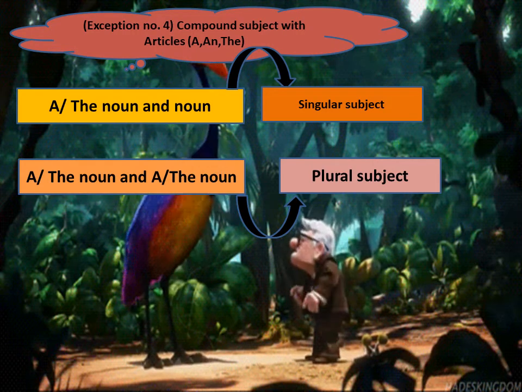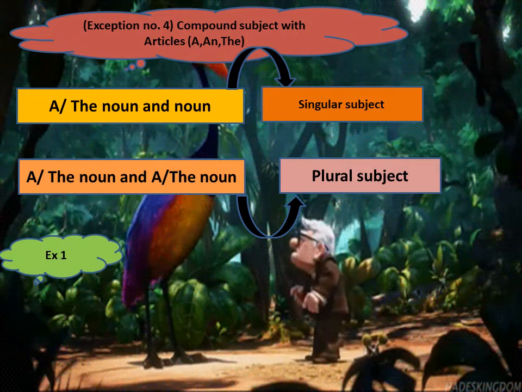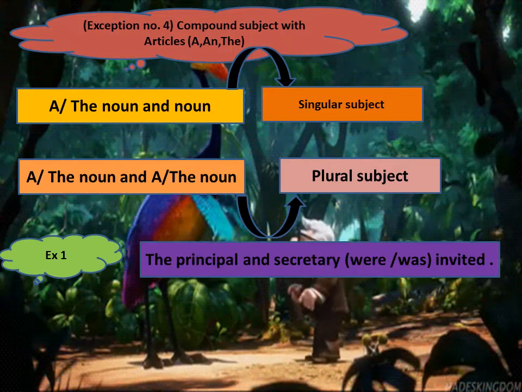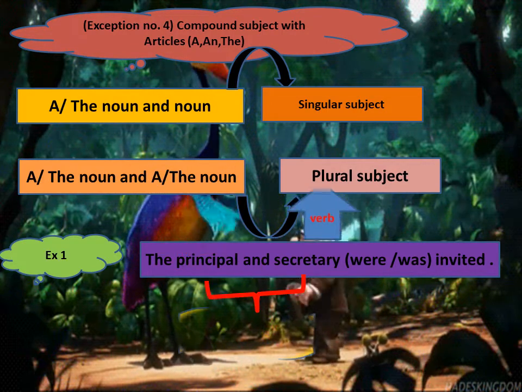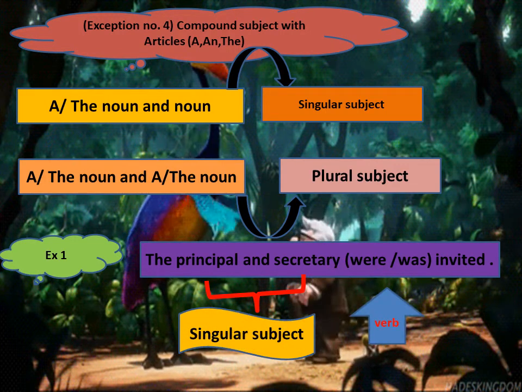Let's see example 1. Example 1 says the principal and secretary were invited. Now you can see principal and secretary are joined by and, so they are a compound subject, right? And now can you see the article is present before the first noun only.